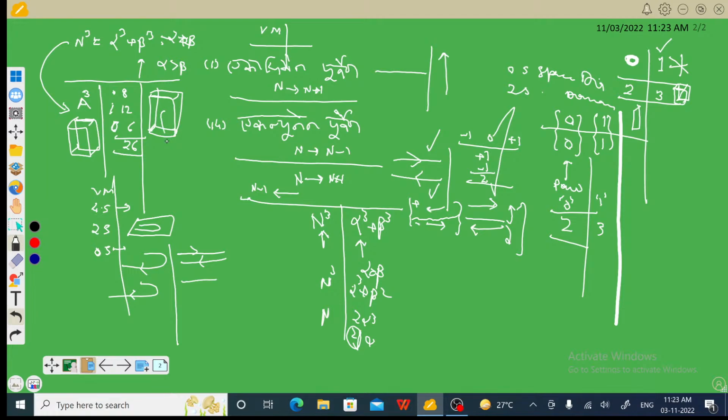This volume, say if it is equal to x cube, a cube to x cube will require 26 other components.